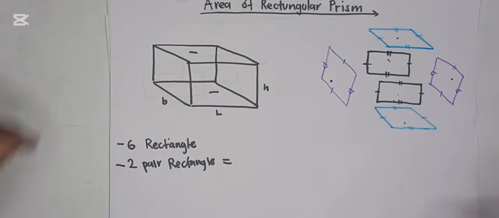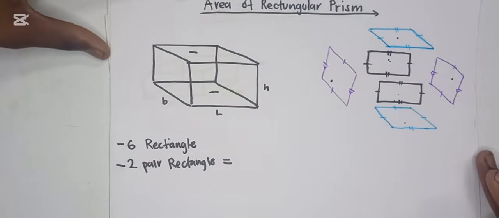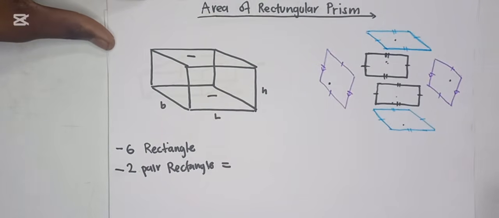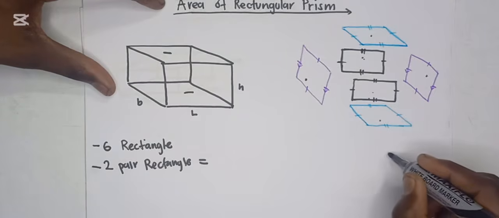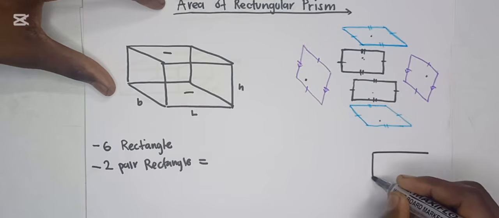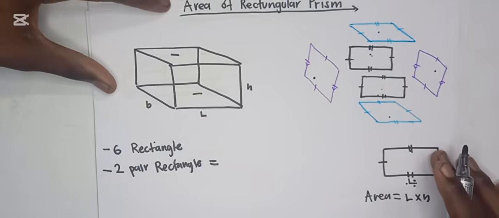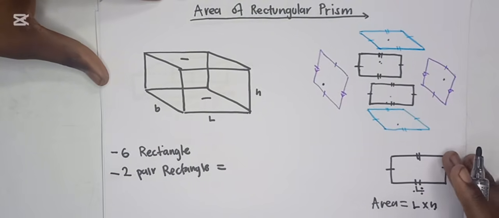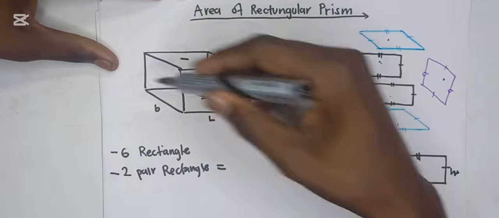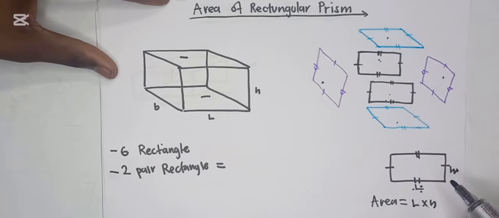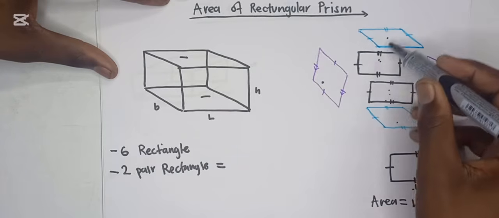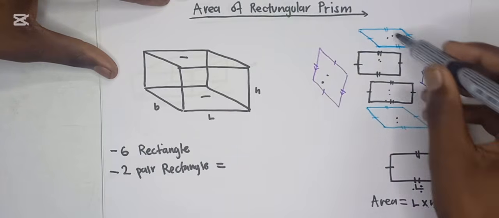So to find the total surface area of a rectangular prism, you first have to understand how to find the area of a rectangle. We know that the area of a rectangle is equal to the length multiplied by the height. So in order to find the total surface area of this rectangular prism, you have to find the area of each and every rectangle here.